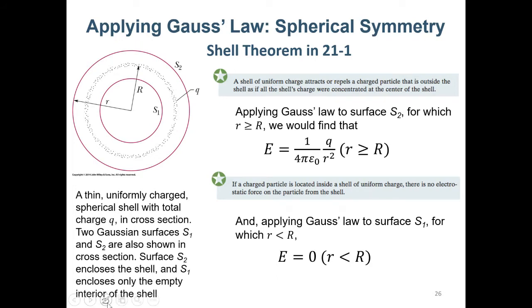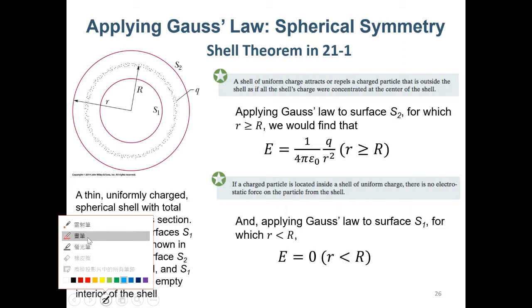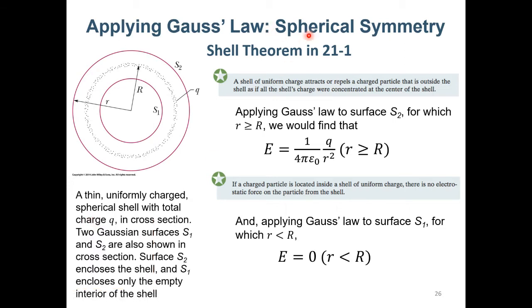next we talk about applying Gauss law for spherical symmetry. In chapter 21, we talked about the shell theorem. There were actually two statements for the shell theorem.